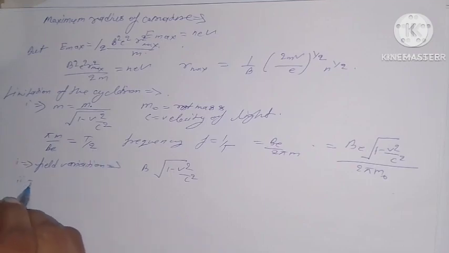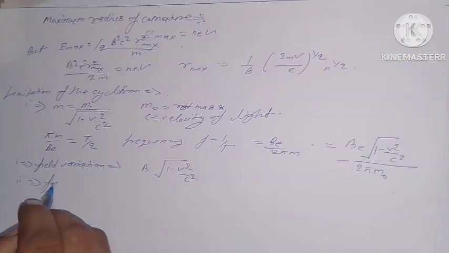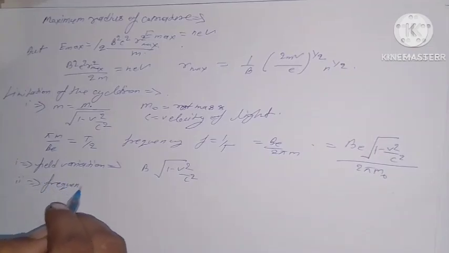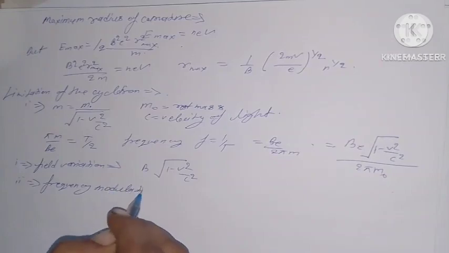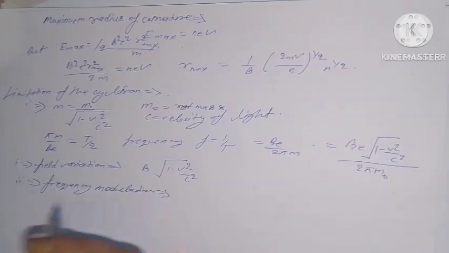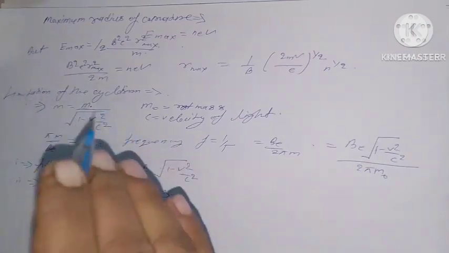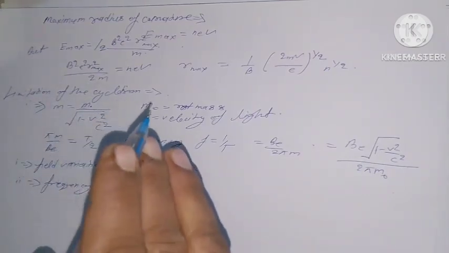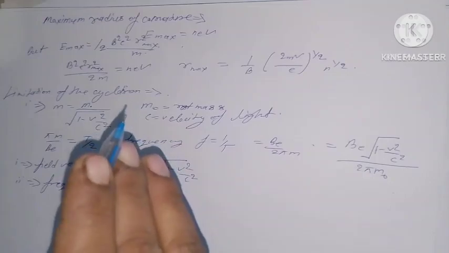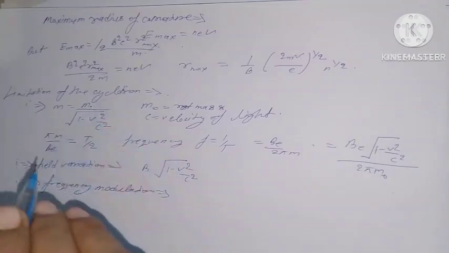Second point, frequency modulation. Okay? In this method, the frequency of the applied AC is varied so that it is always equal to the frequency of the rotation of the ion.